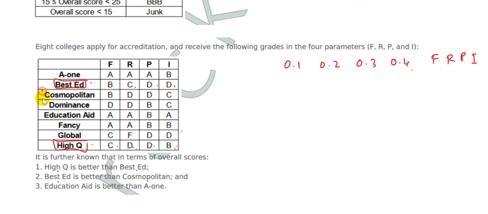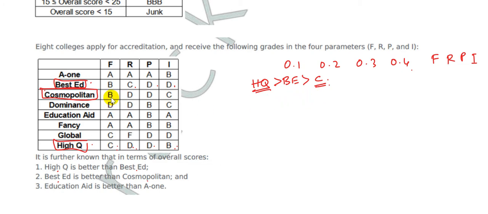So now this guy is better than this. So that means High Q is better than Best Ed, which is greater than Cosmopolitan. So let me compare High Q and Cosmopolitan. High Q has to be more than Cosmopolitan.